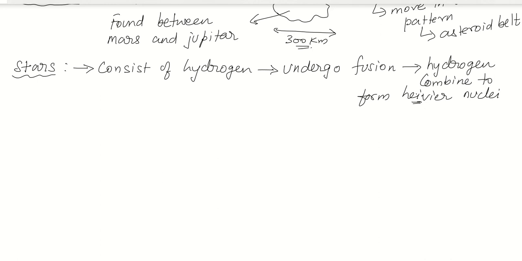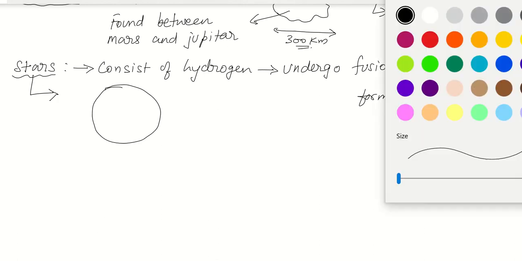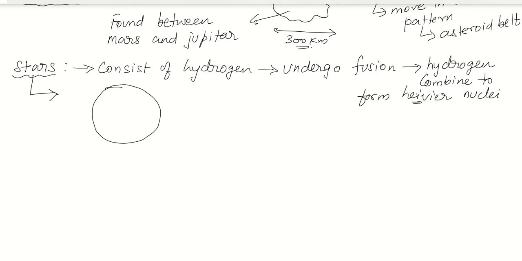Now, what exactly happens in a star? In a star, two things happen. One is you have an inward pull, which is due to gravity.